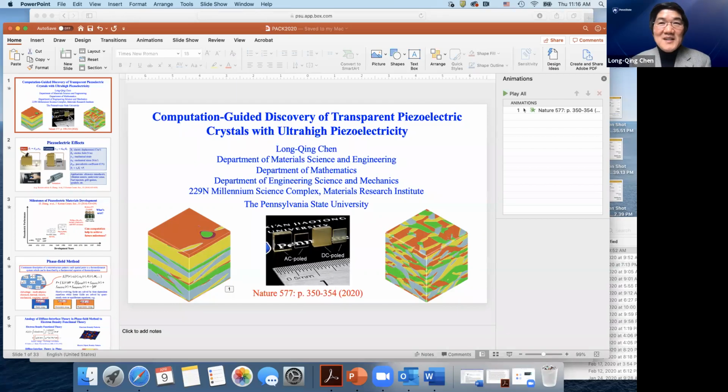But usually this can scale up. If we use a much bigger grid size, then you're not going to see the smaller domains, and of course the domain walls will be really sharp.